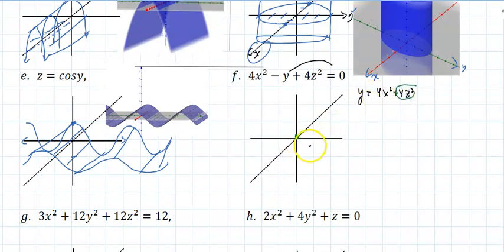y equal x squared is a graph that looks like this. y equal 4x squared is a graph that looks like this on the floor.